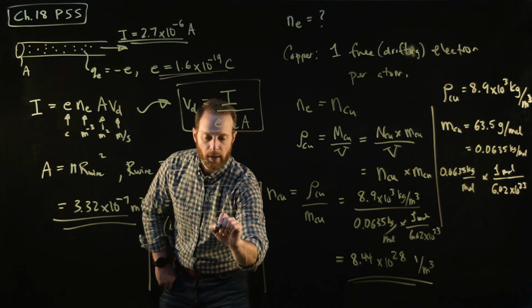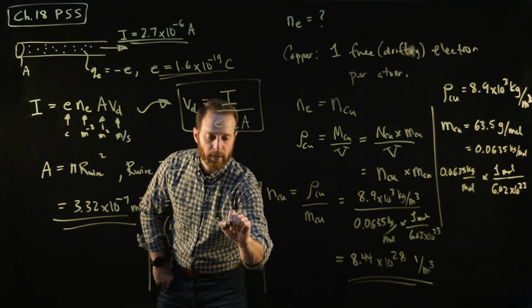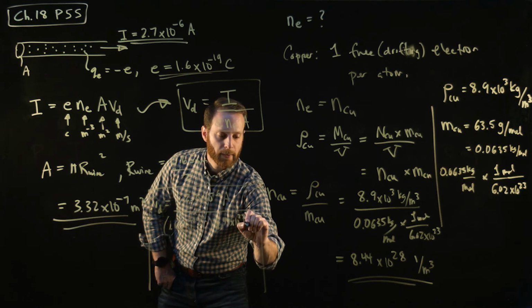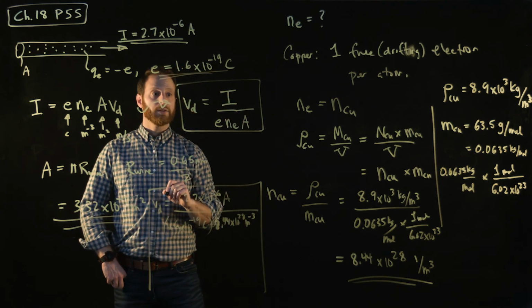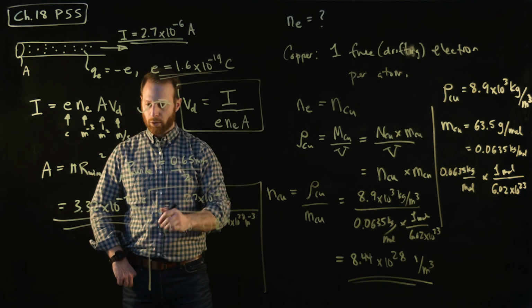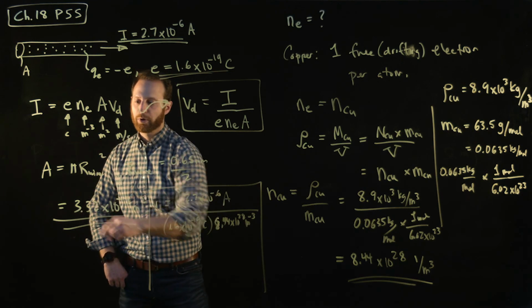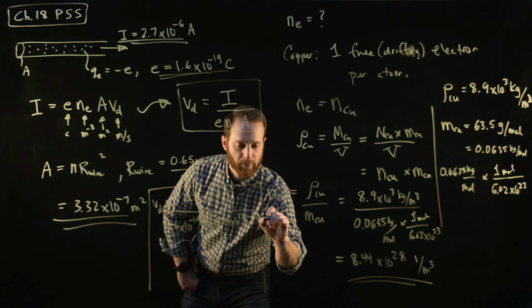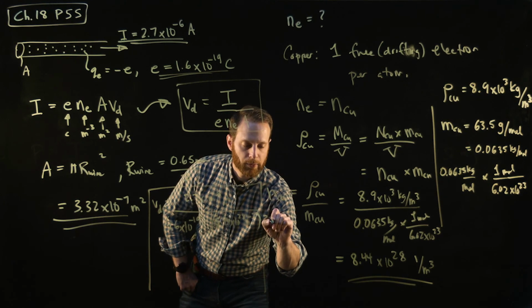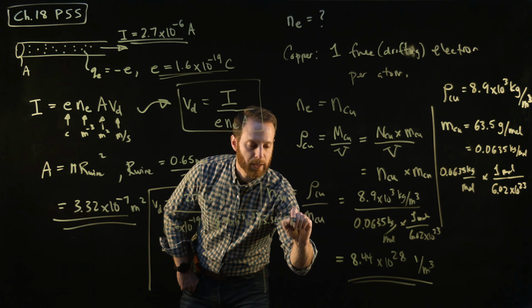This large number, 8.44 times 10 to the 28 per meter cubed. And finally, the cross-sectional area, 3.32 times 10 to the minus 7 meters squared.